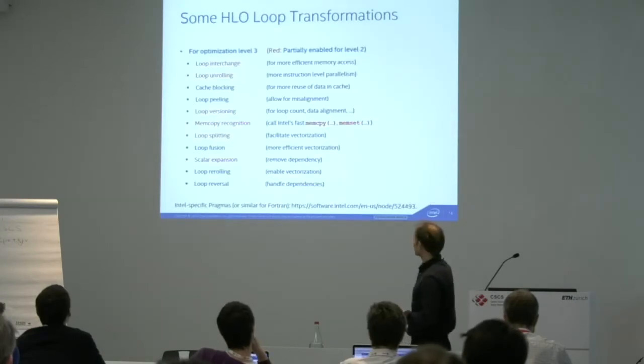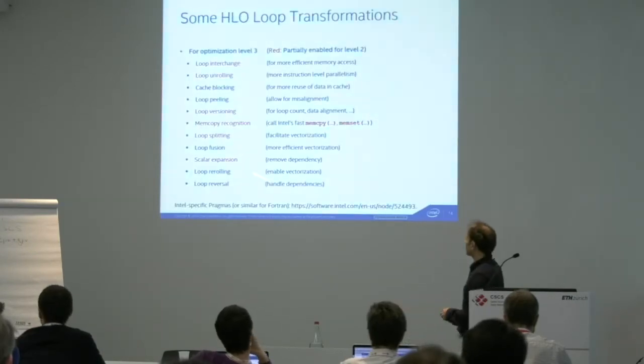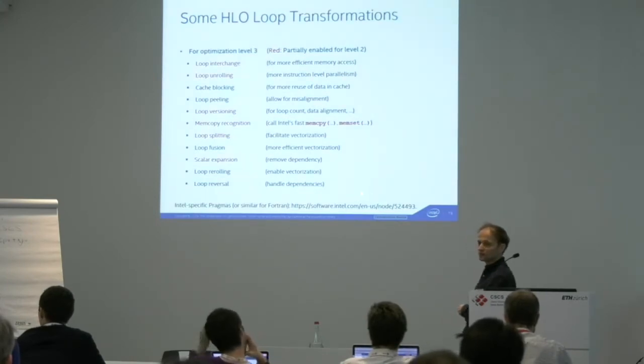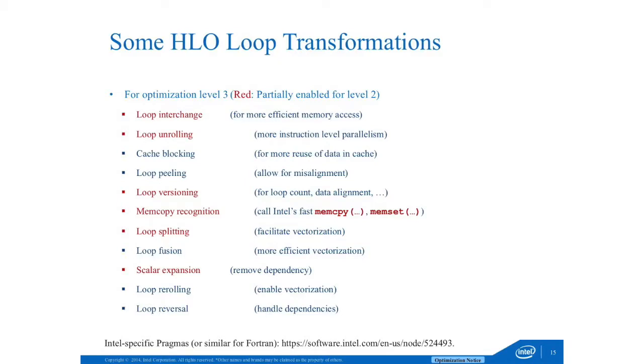Anyhow, what I really wanted to say is you have a lot of pragmas. This is just the C++ reference documentation for the compiler. But this is similar for Fortran. Meanwhile, on Google, you can find the reference documentation for any of these compilers. It was a big problem for Intel in the past, but you can do it meanwhile, and you can get a documentation, or actually, this gives you a landing page with a list of all Intel-specific pragmas.